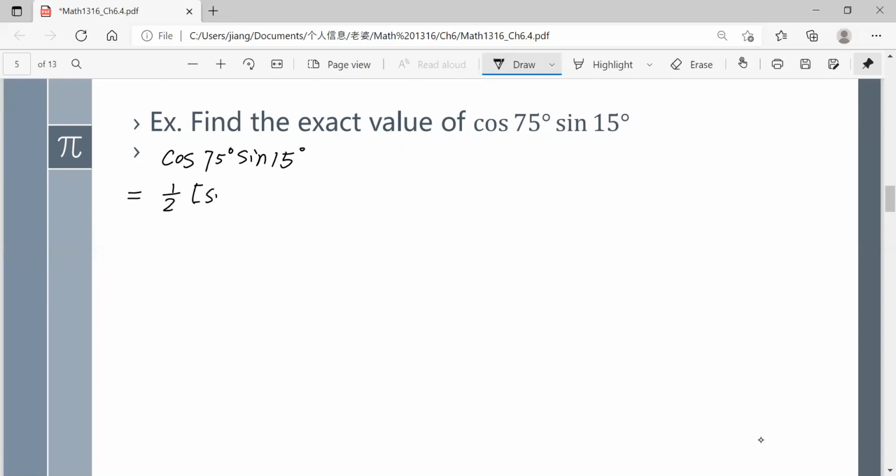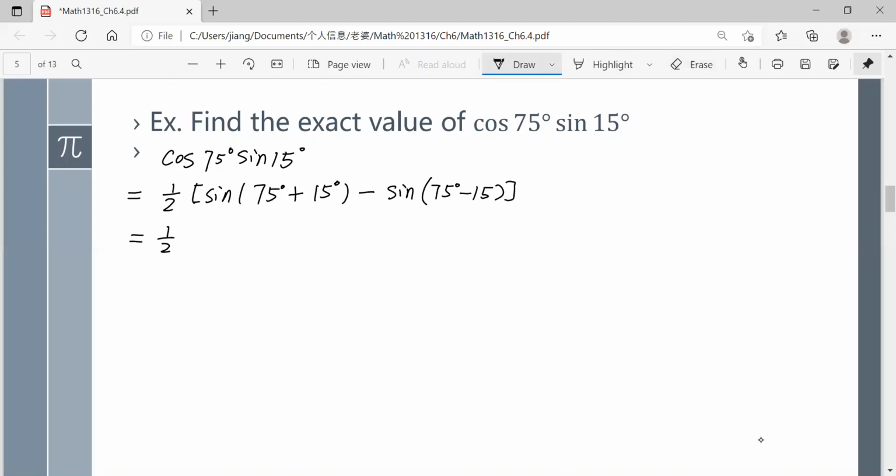Okay, sine 75 degrees plus 15 degrees. And here is minus, because cosine is in the front. So sine 75 degrees minus 15 degrees, and then close the parentheses.